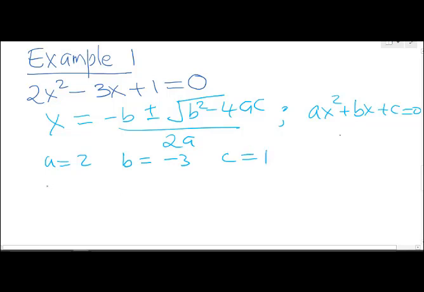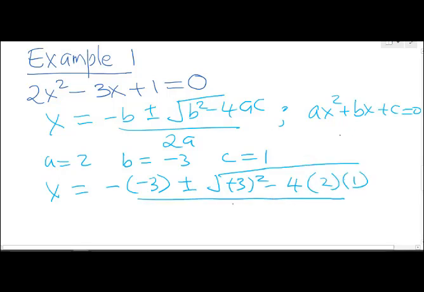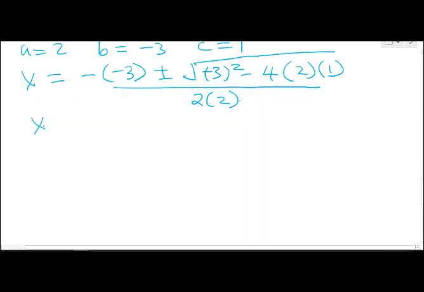Therefore, if we substitute these values in the formula, we get x is equal to minus b plus or minus square root of b squared minus 4ac, everything divided by 2 by 2. On simplifying, we have x is equal to 3 plus or minus root of 1, everything over 4.